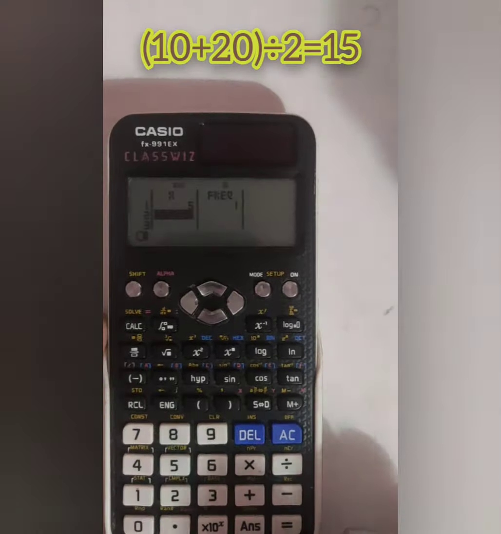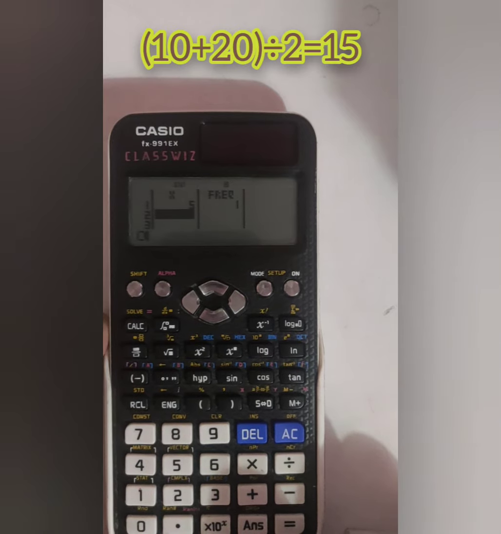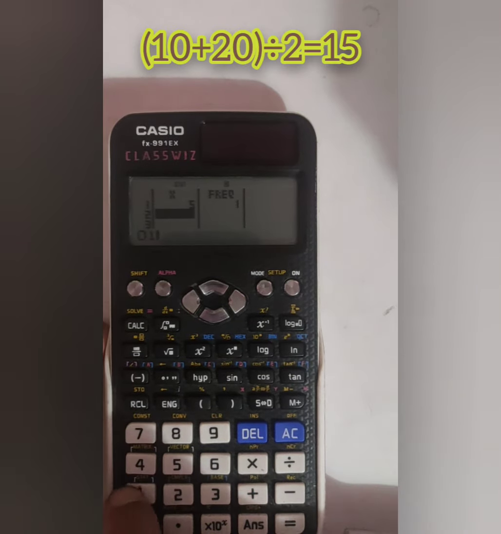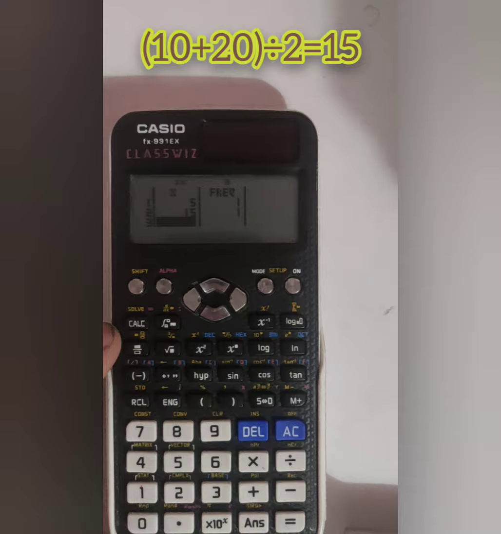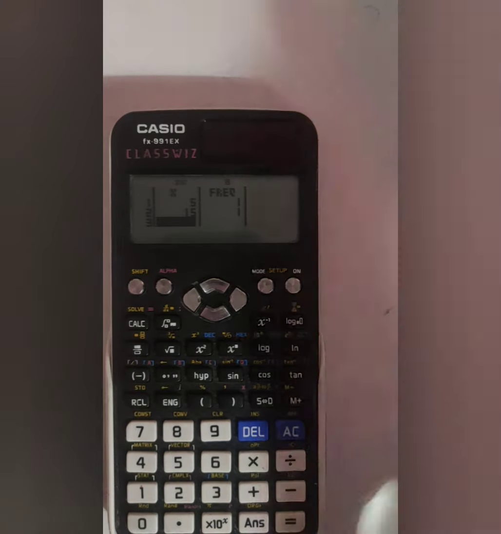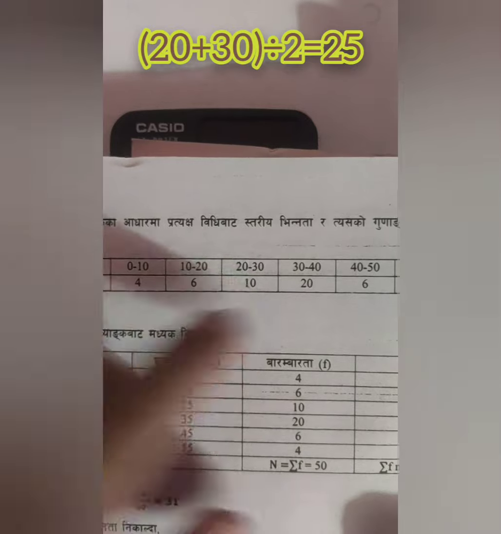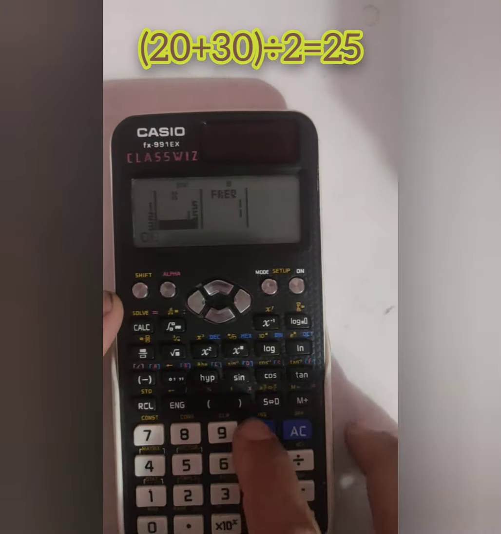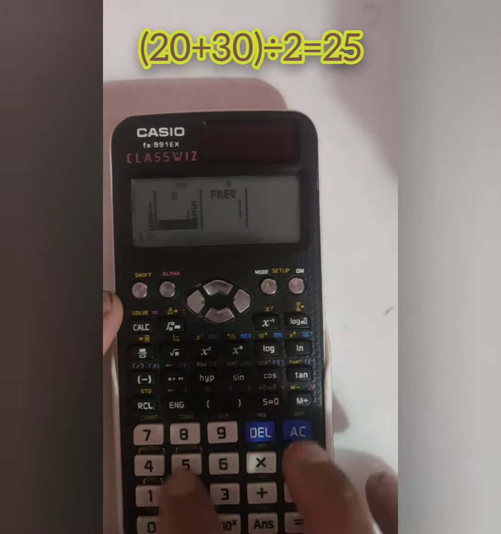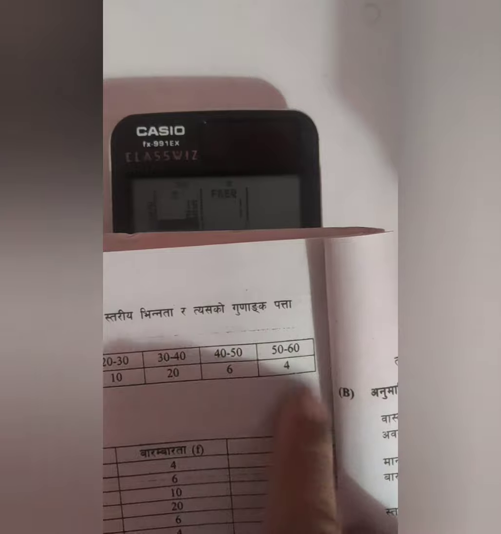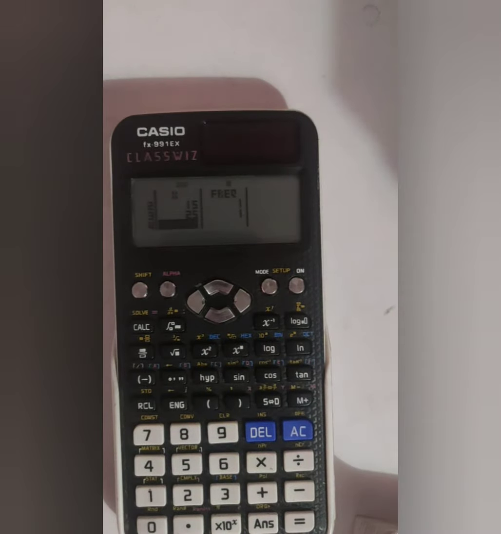The sum of 10 and 20 is 30, and 30 divided by 2 gives you 15. Then you also have 20 to 30, 30 to 40, 40 to 50, and 50 to 60. We'll do it up to 50 to 60.